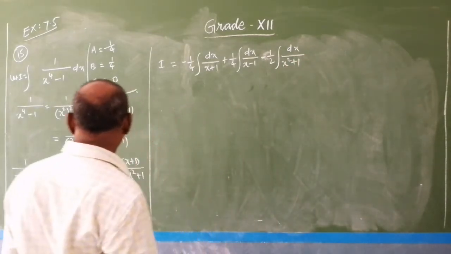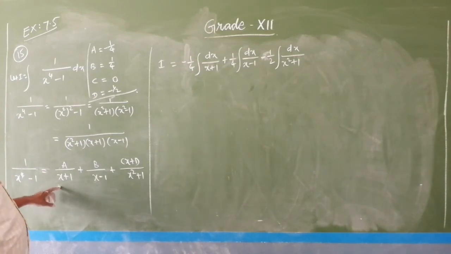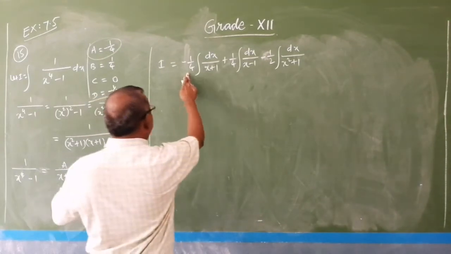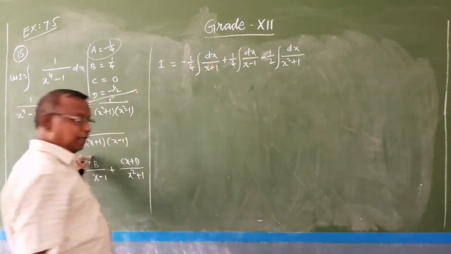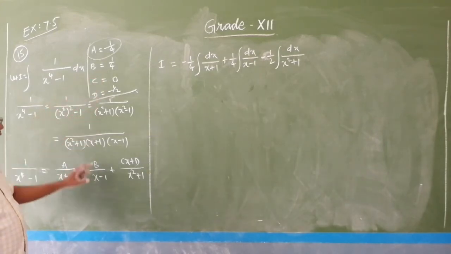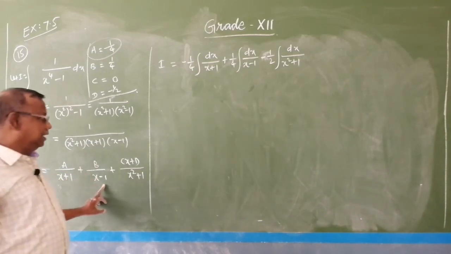Once again I recheck. First one is a by x plus 1, so a equal to minus 1 by 4, so minus 1 by 4 into dx by x plus 1, and the next one is b by x minus 1, b equal to 1 by 4, 1 by 4 taken outside, so it is integral 1 by x minus 1 into dx.